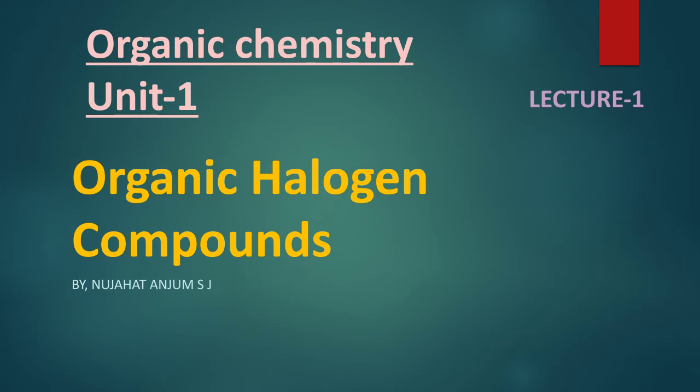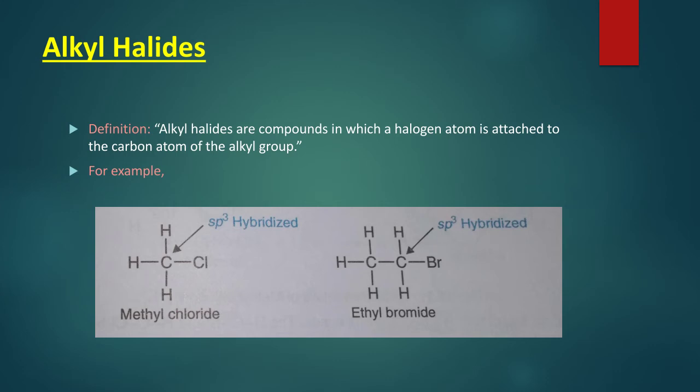In this class, we will discuss the first unit of organic chemistry, that is organic halogen compounds. In organic halogen compounds, we will discuss three types of organic halogens.